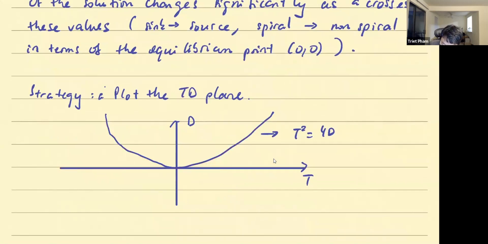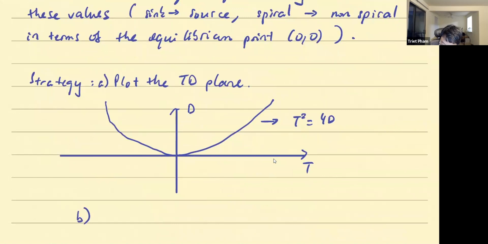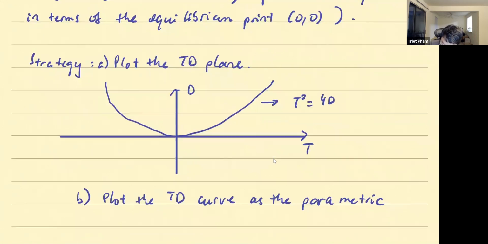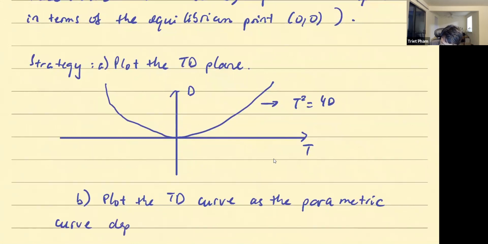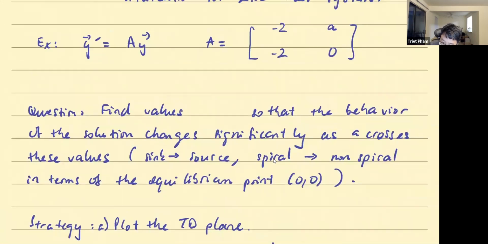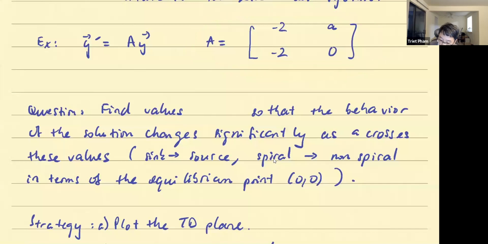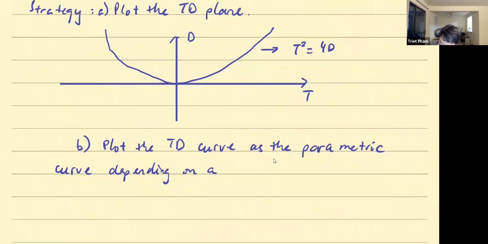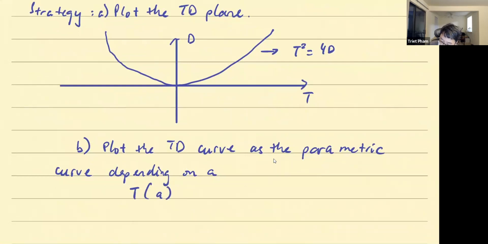So A, you do this. B, you plot the TD curve, given as a parametric curve depending on a, the TD curve of the matrix A. In other words, because there's a parameter a here, the trace of A will be a function of little a.